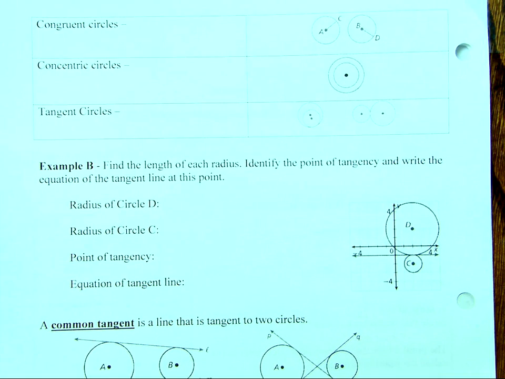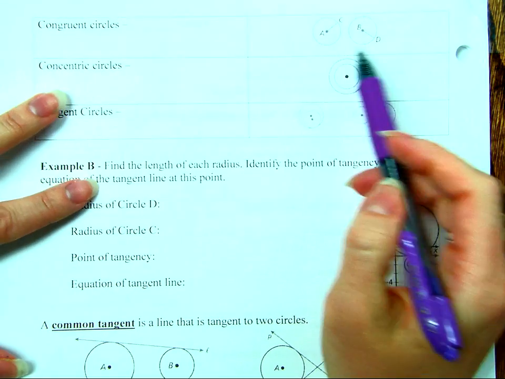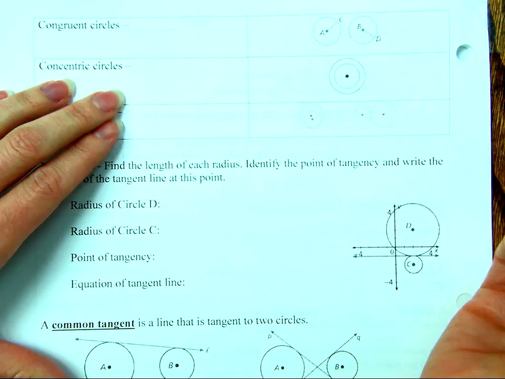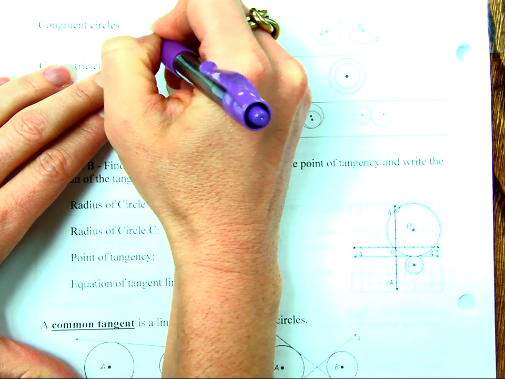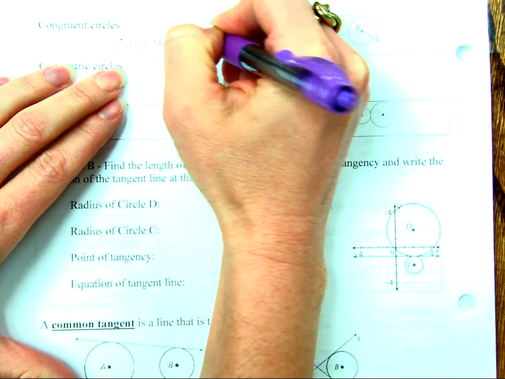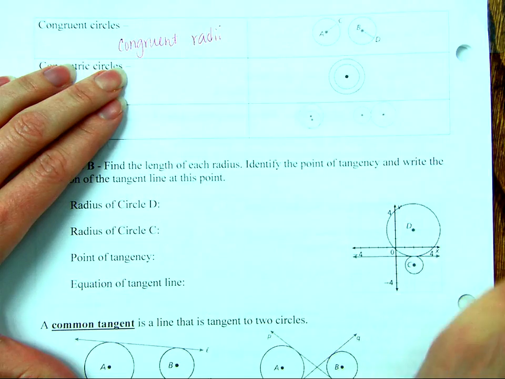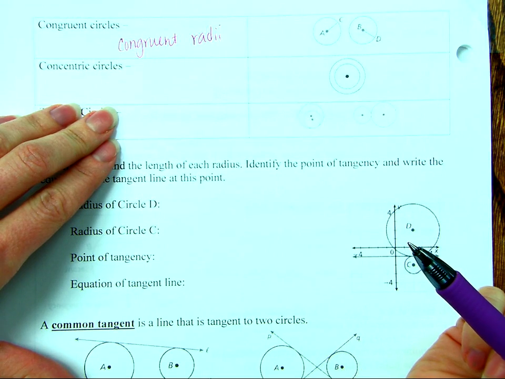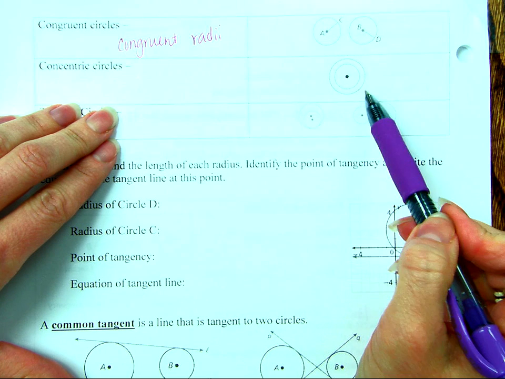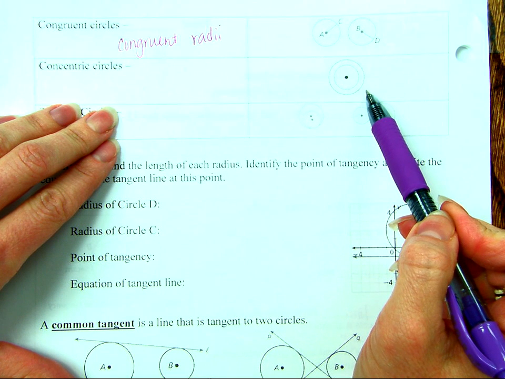A couple other terms or phrases I wanted to review. One, congruent circles. Well, we know congruent circles are 2 circles that are the same size. Well, how do you determine that? Well, congruent circles also are going to have congruent radii. Okay, so my AC would be congruent to BD. Concentric circles, well, this is a diagram showing concentric circles.